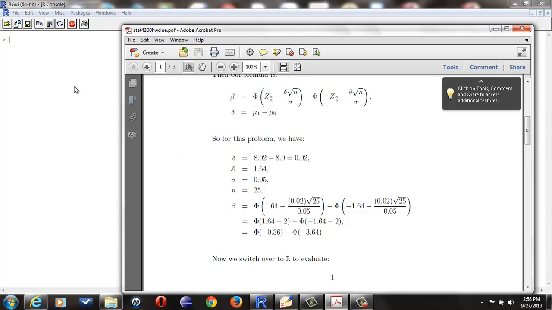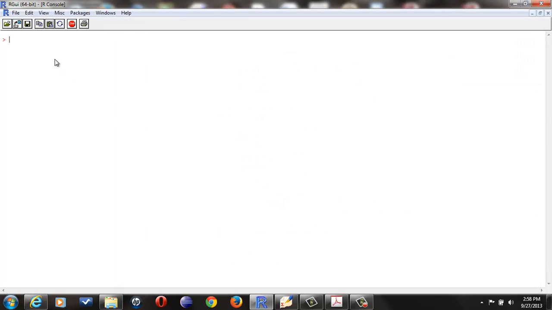Okay? Now, we need to go into R to evaluate these, and if you look on the next page, it has it. Let me just show you how to do it. So you have pnorm of minus 0.36, and that gives me 0.3594. I have pnorm of minus 3.64, and that gives me 0.0001.